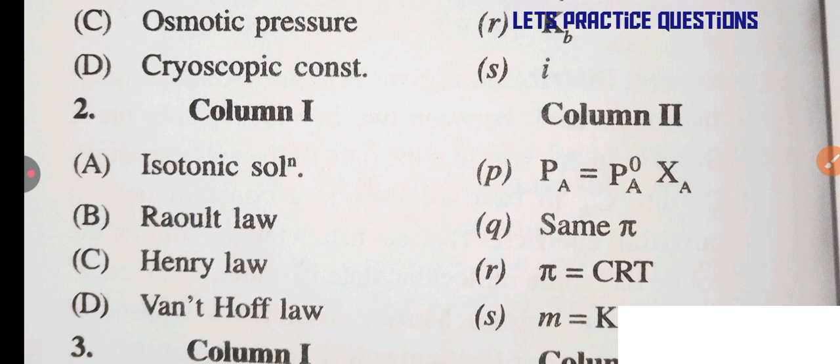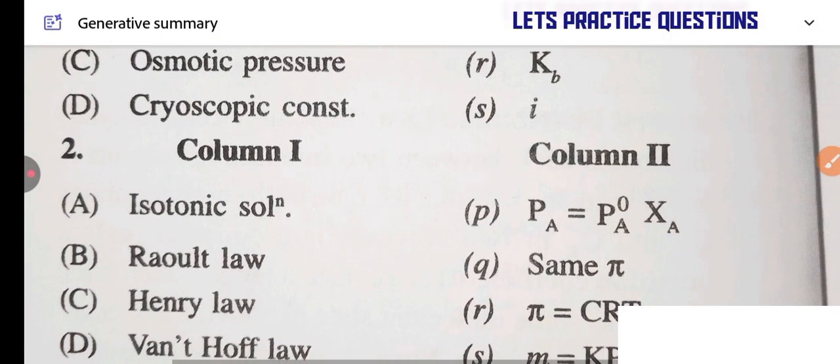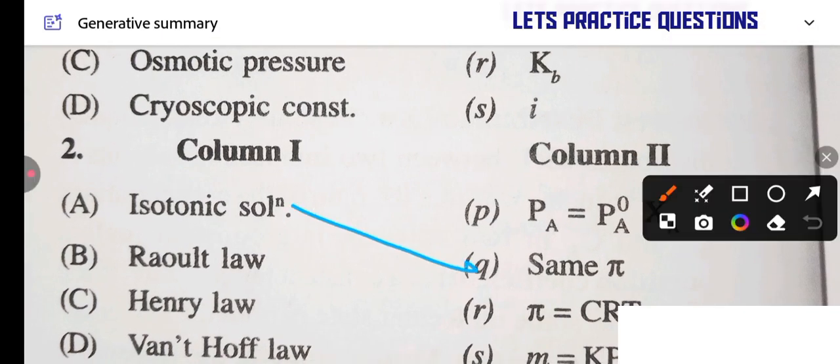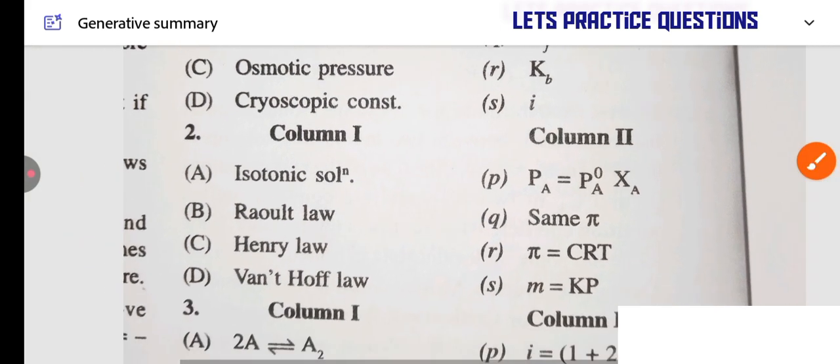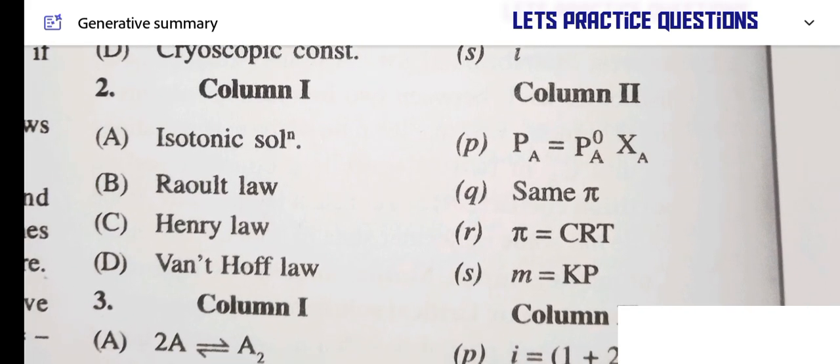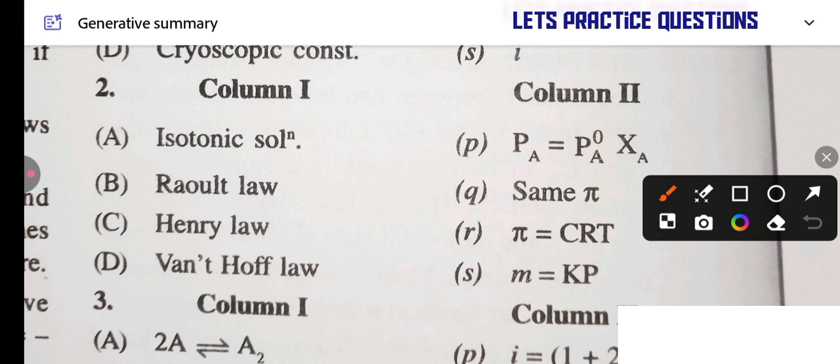So isotonic solution goes to Q. Option B Raoult's law goes to P, that is Pa equal to P naught A. Henry's law goes to S, M equal to Kp, and Van't Hoff law goes to R, I equal to CRT.